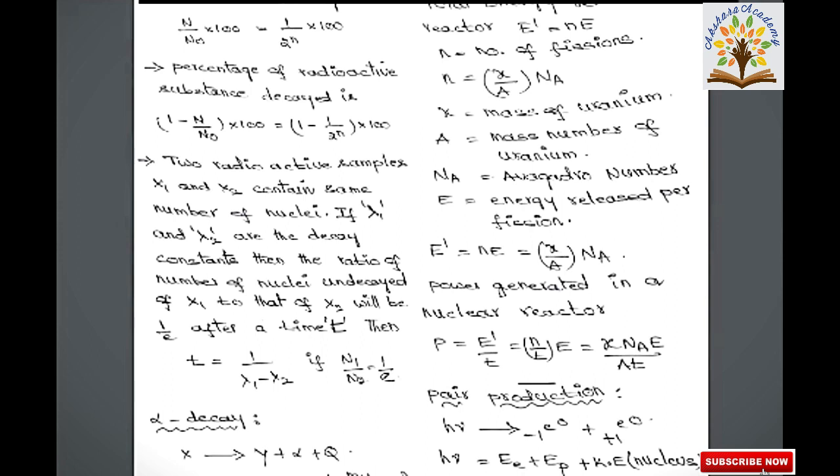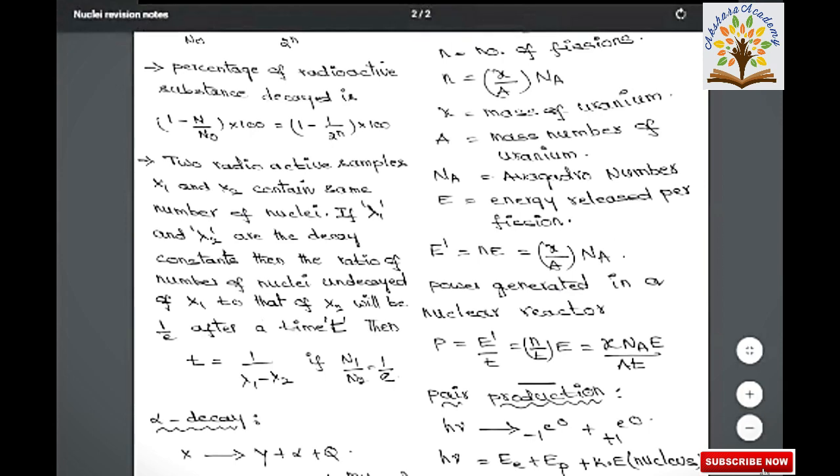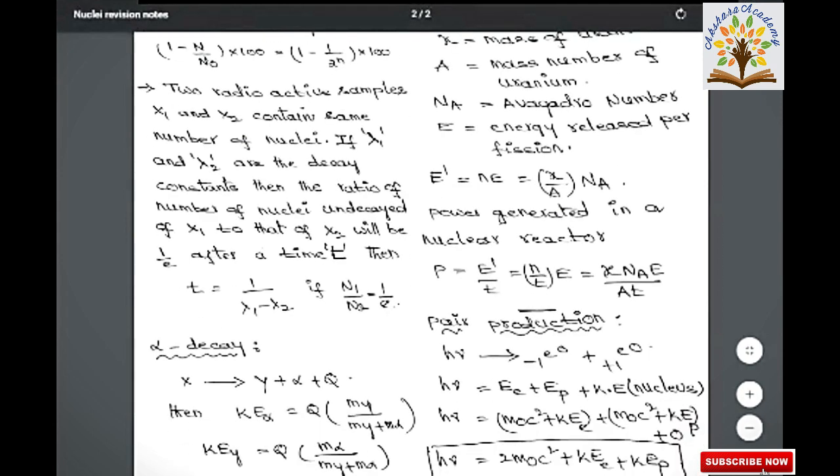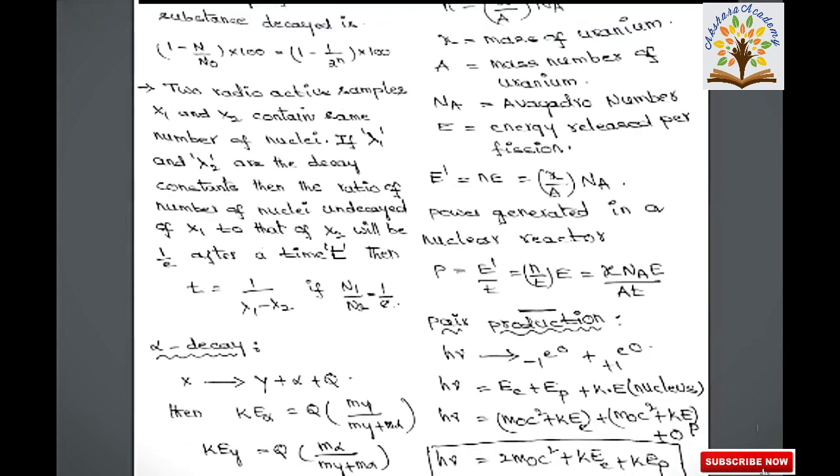So here what is given is N1 by N2 is equal to 1 by e. Suppose in this problem they give 1 by e square, then I can write t is equal to 2 by (lambda 1 minus lambda 2). If it is 1 by e cube, N1 by N2 is equal to 1 by e to the power of 3, then time becomes 3 by (lambda 1 minus lambda 2).